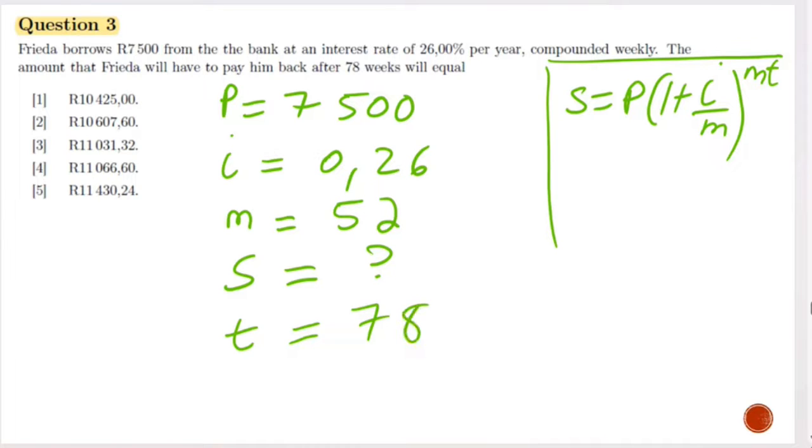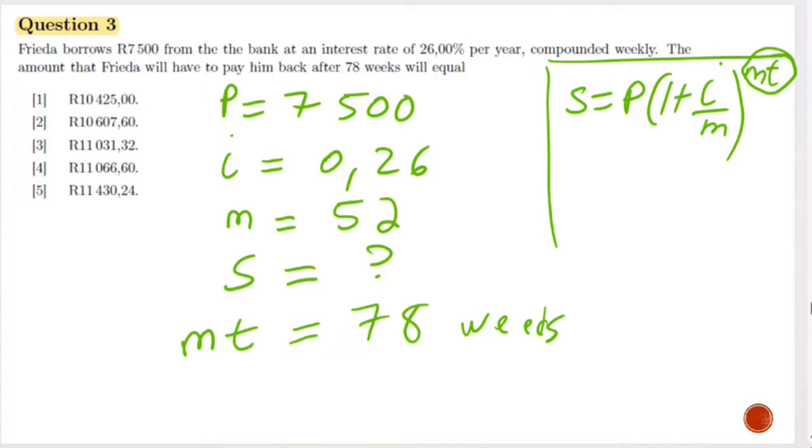In this case, our time has already been put into weekly terms, so you don't need to multiply this t. This is MT, and it is already in weeks. So it's only the I that needs to be taken care of. I will show you when you need to convert.